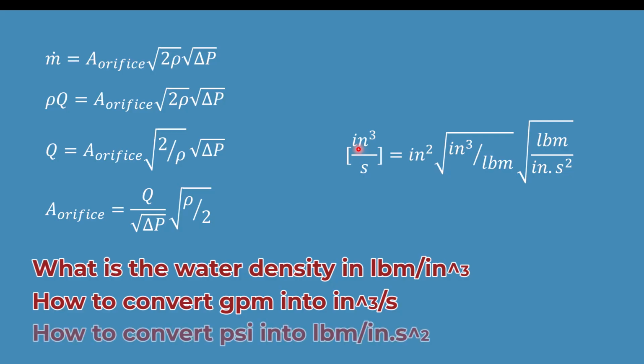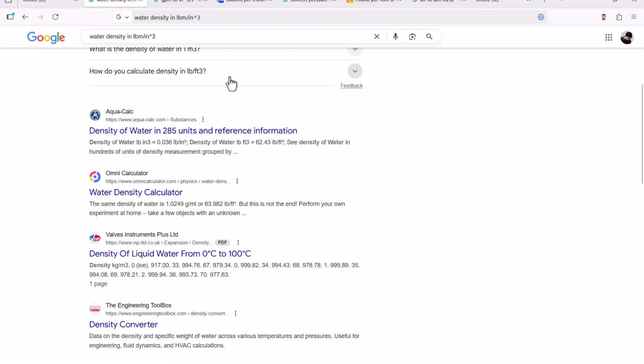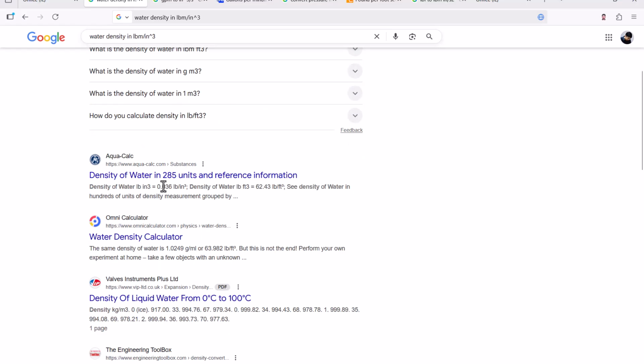And the third question is, how to convert PSI into pound mass per inches times squared seconds. And now I'm going to answer each of these three questions. And I want to show you how easy it is to find the answer to these questions. For example, I Google water density in pound mass per inches cube. And I don't even have to open the links. It says it is 0.036 pound per inches cube. So this is the answer to the first question.